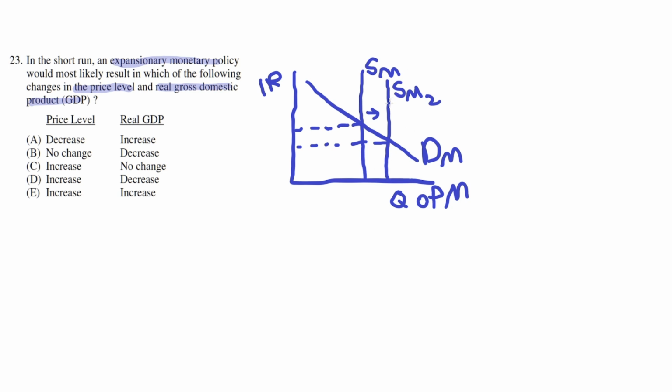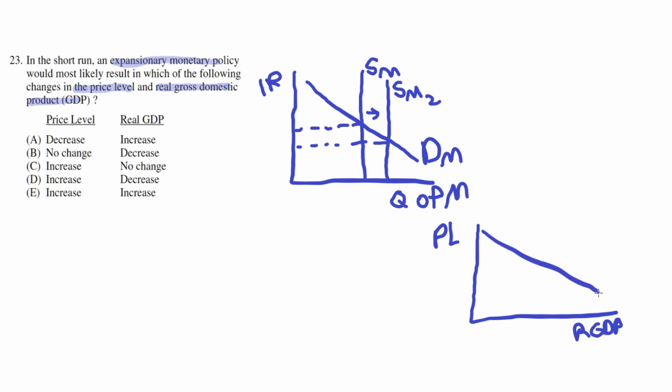So now with this decrease in interest rate, we can look at the aggregate demand and aggregate supply curve. As this graph has price level on the y-axis and real GDP on the x-axis, we can see the two curves, SRAS and the AD curve.